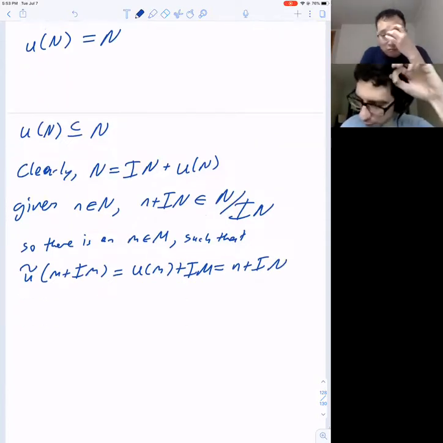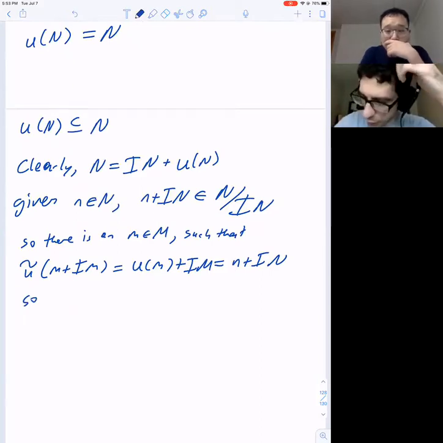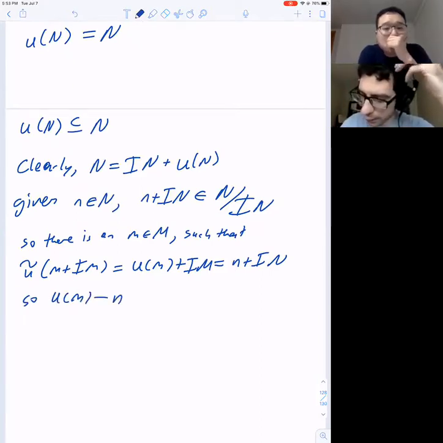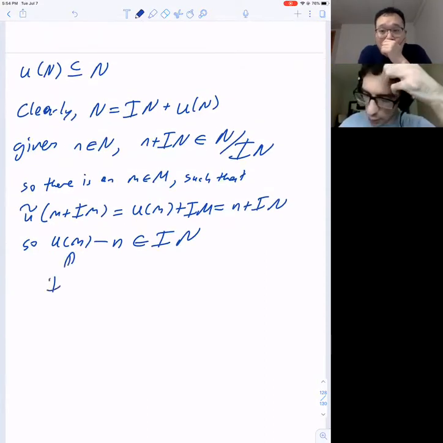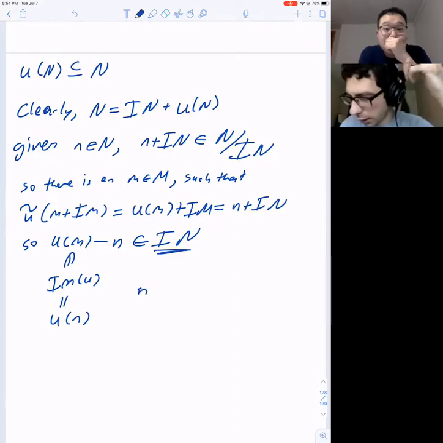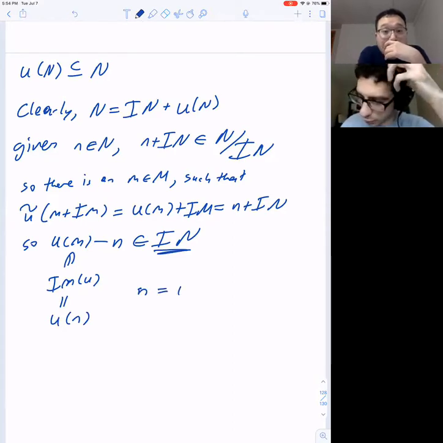And so that means U of m minus n is actually in IN. But that means that this is in the image of U, which is U of M, and this is IN. So n is equal to U of m plus some x, x is in IN.